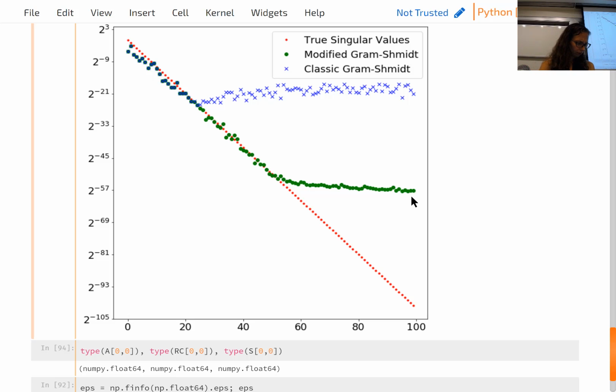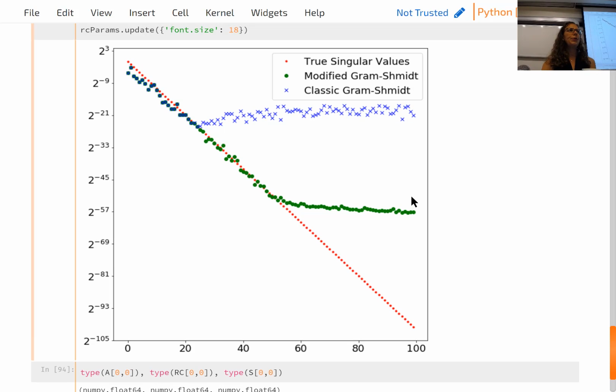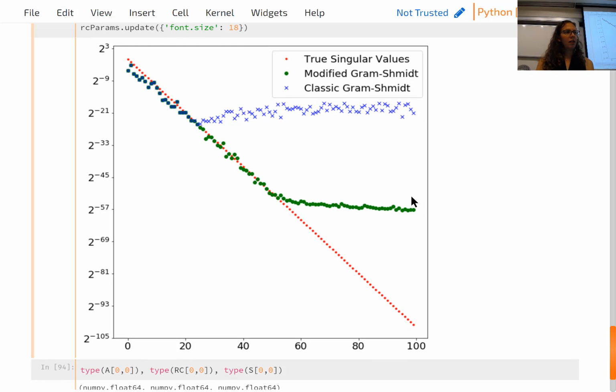Any questions about this example or machine epsilon? And so classic Gram-Schmidt is not used in practice for this reason. Okay, so now we're going to look at another example.